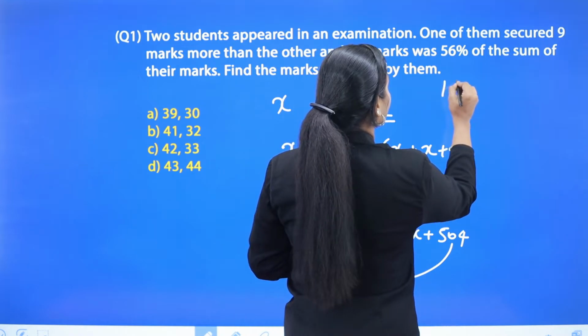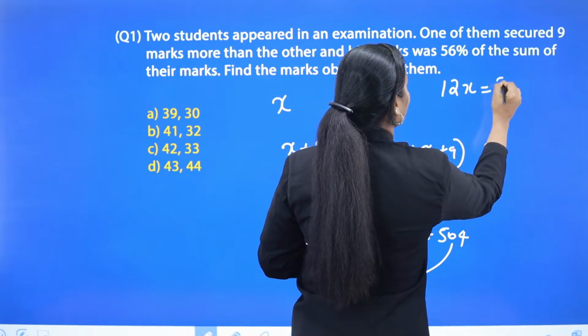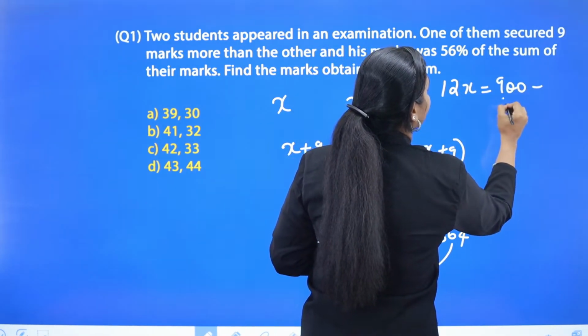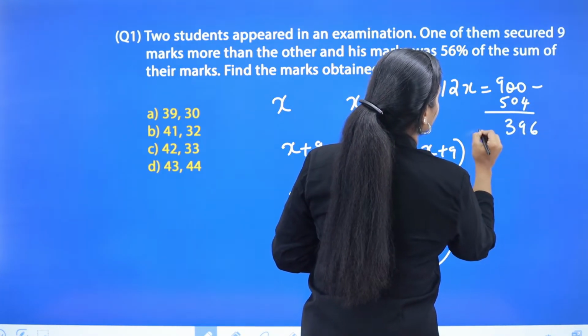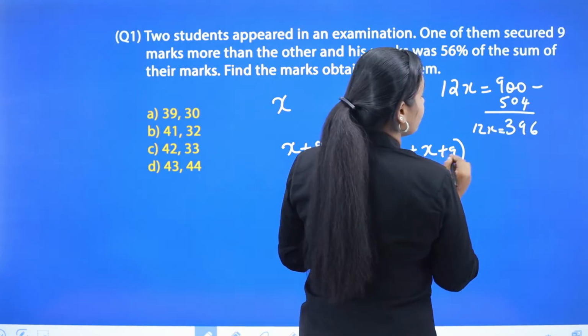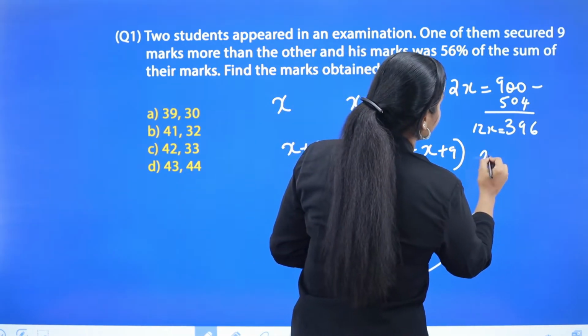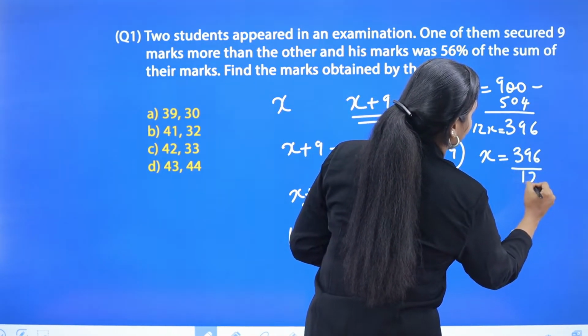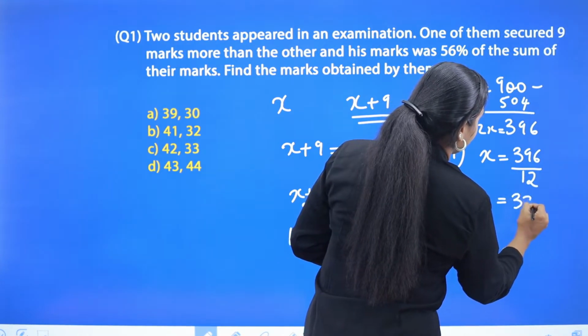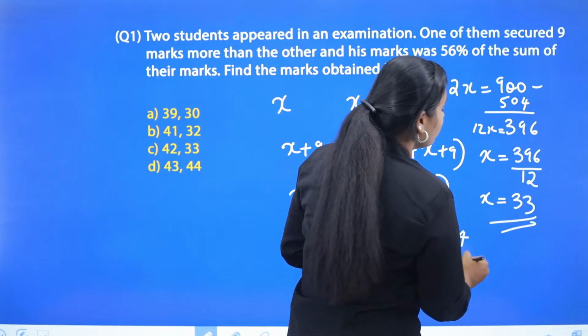So what will we get? 12x is equal to 900 minus 504. So here we will get 396. That is 12x is equal to 396. So that means x is equal to 396 by 12. That is 33. So we got x is equal to 33.